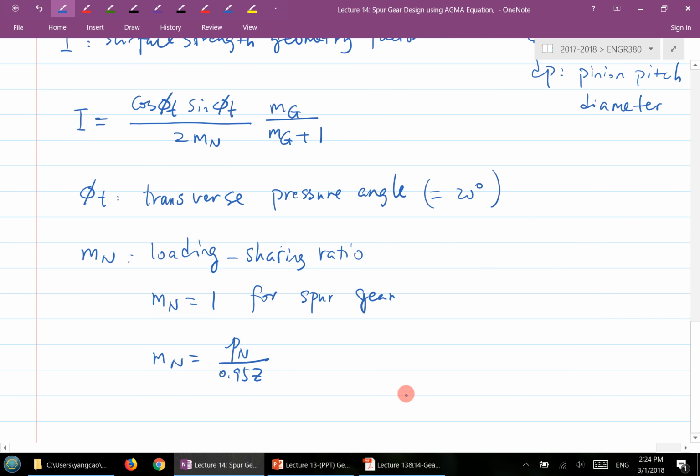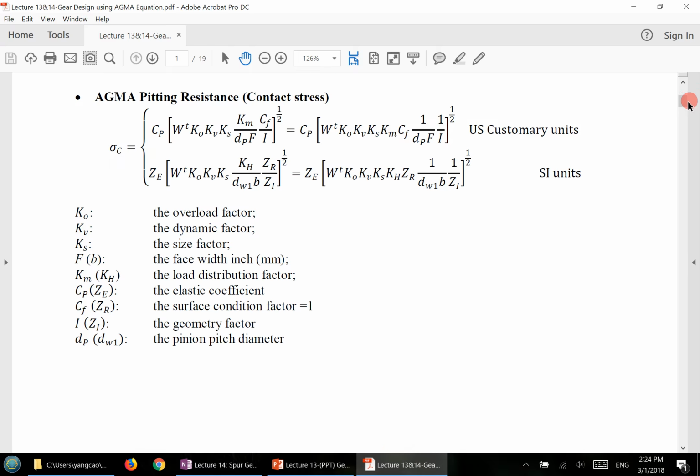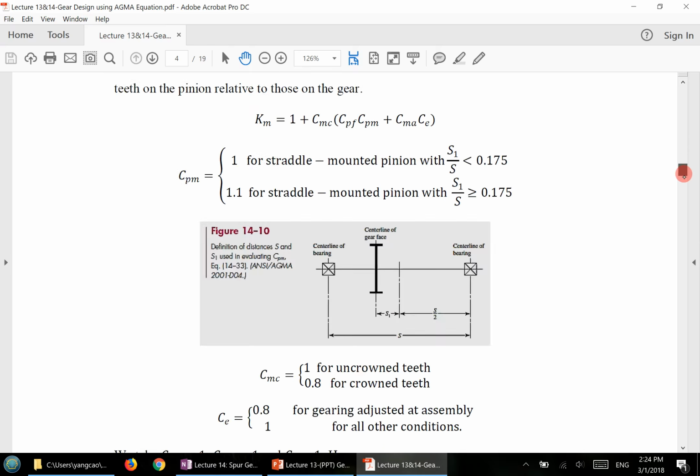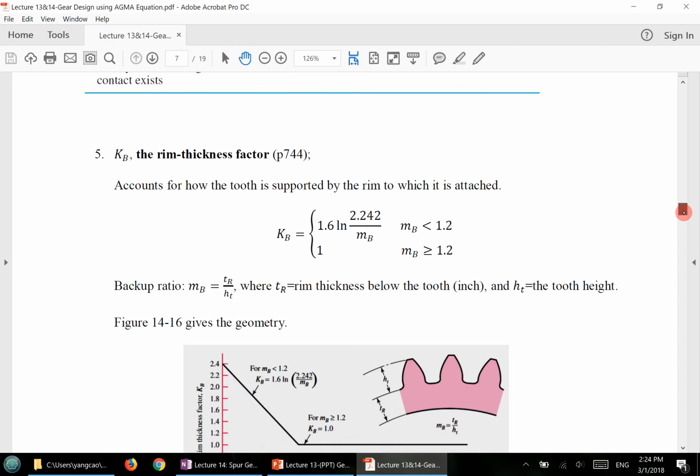I don't need you to go into too much of the details here. Let me show you what Pn is and what Z is. There's a long expression involved here.